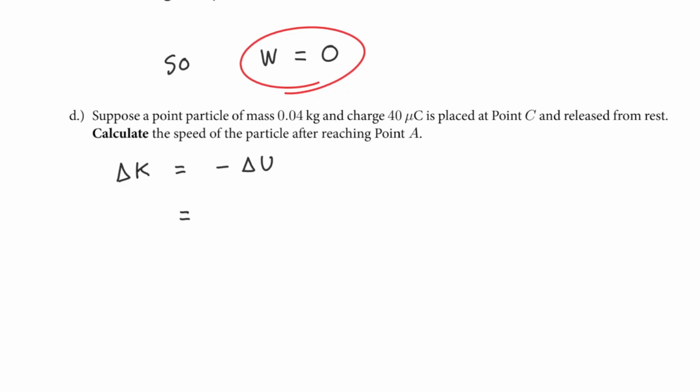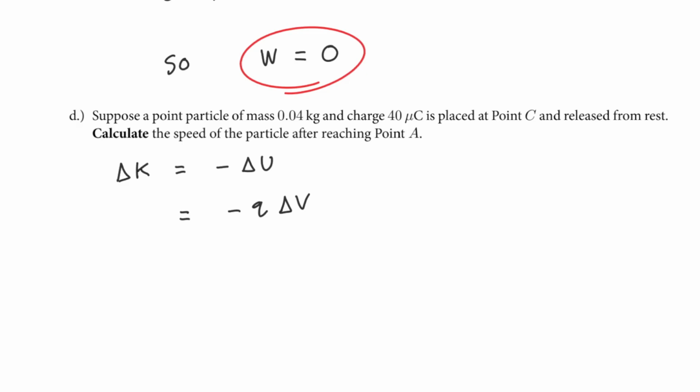And change in potential energy is Q delta V. Now we can go in and try to evaluate this if we'd want, or I think we'll just do it symbolically and plug in at the end, because that's usually a good strategy here.